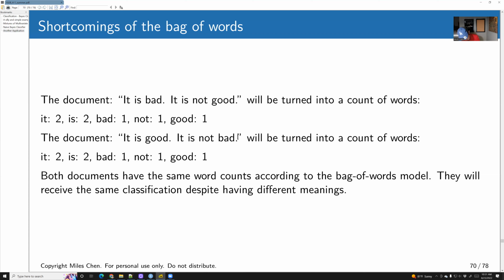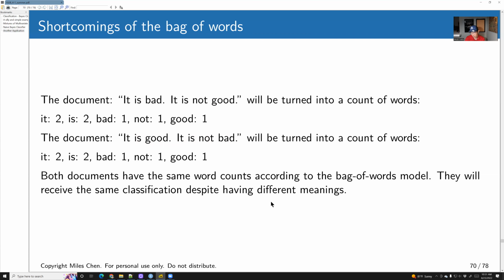And if you're using a bag of words model, it's going to suck a little bit, because both of these documents are going to get the same classification with a bag of words model. So for certain sentiment analysis things, I don't know if it's really going to be that effective, because these obviously say very different things. Bag of words model is going to say, oh, they're the same. Okay.